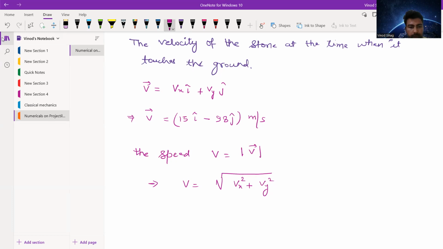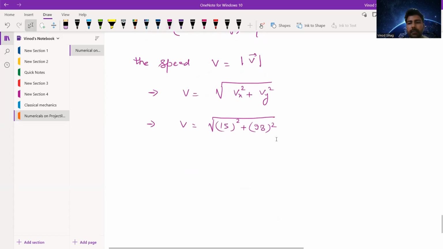Now we will put the values, and it will be 15 square plus 98 square. And as we know that we are determining here the speed, so the unit will be meter per second. Don't forget to write the unit in the numerical question because otherwise it will be wrong.